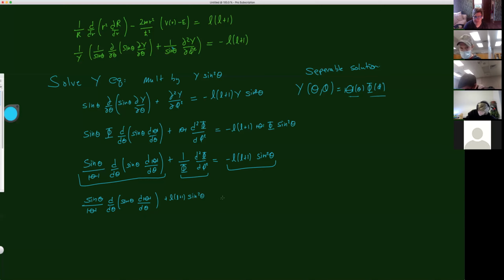Okay, so that's all the theta stuff. And then the phi stuff, of course, is 1 over capital Phi d squared Phi d phi squared, okay? And that's all equal to 0. Again, same argument, right? If this term is equal to some constant, this one better be equal to minus that constant. Otherwise, this equation will not hold, because there's no phi's over here and there's no thetas over here, okay?